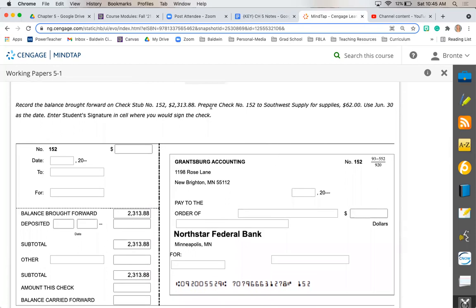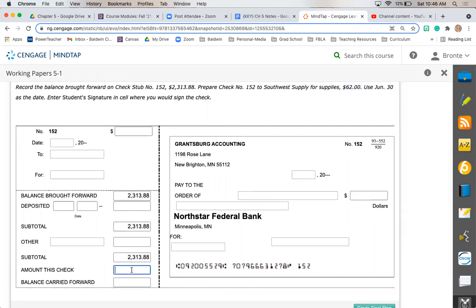Then it wants us to prepare check 152 to Southwest Supply for $62 and using the date. So this check is going to be $62. We're going to subtract that. So our new balance here is $2,251.88.